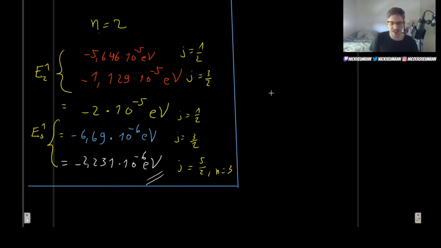Let's start at 5/2 and then go to 3/2. It doesn't really matter, but I'm going to go from 5/2 to the 2 options it can do, then 3/2 to its 2 options, and then 1/2 and its 2 options. That's the way I'm going to do this.